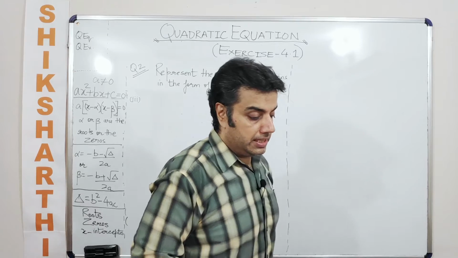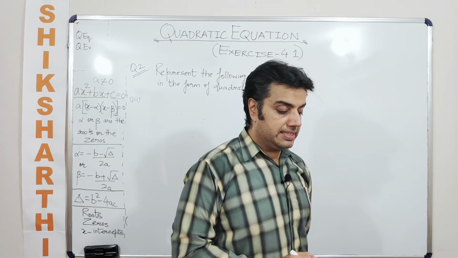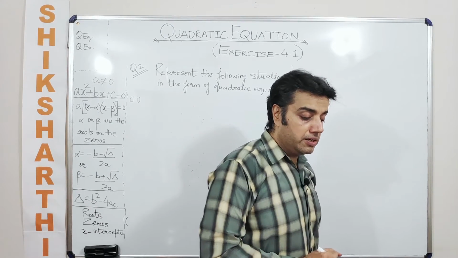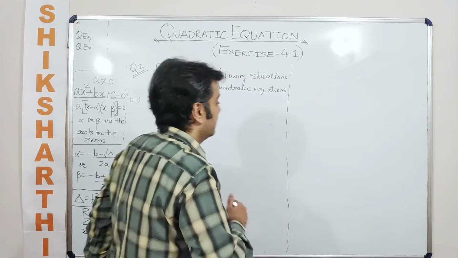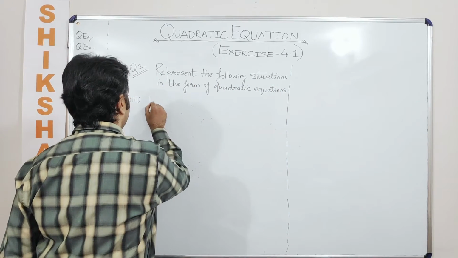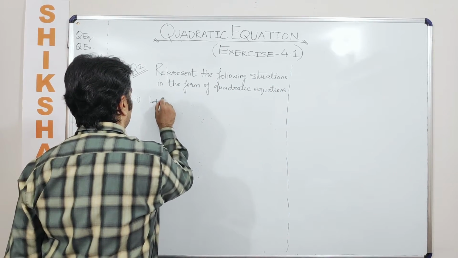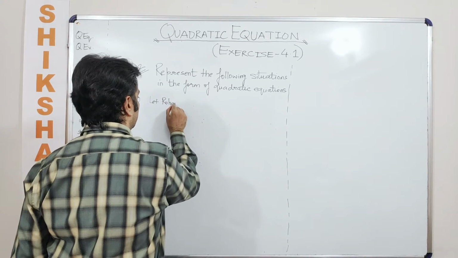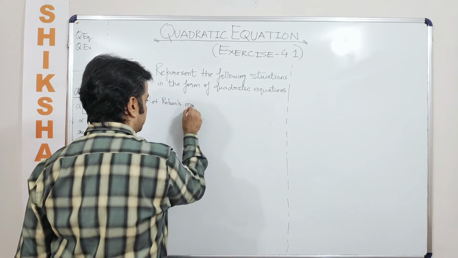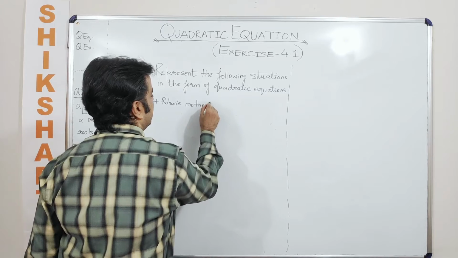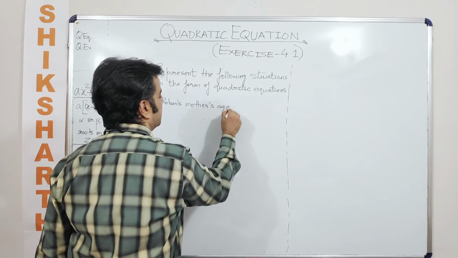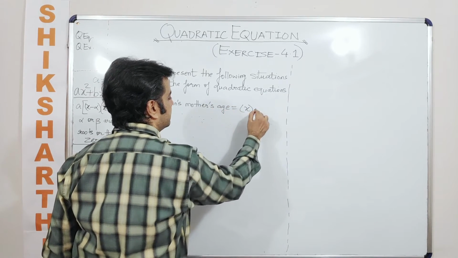Talking about subpart 3, it says Rohan's mother is 26 years older than him. So let Rohan's mother's age be equal to x years.